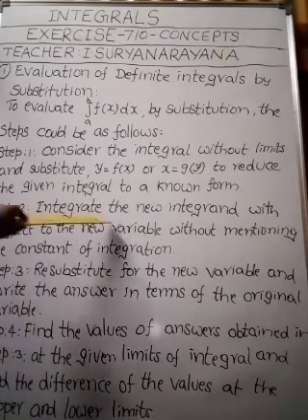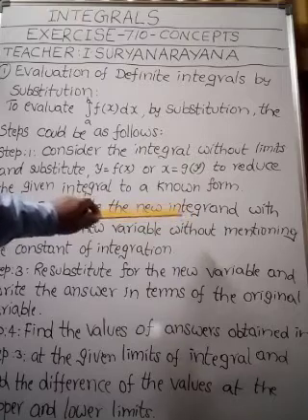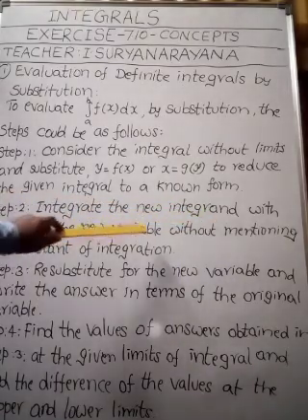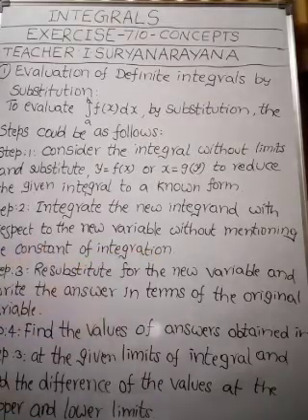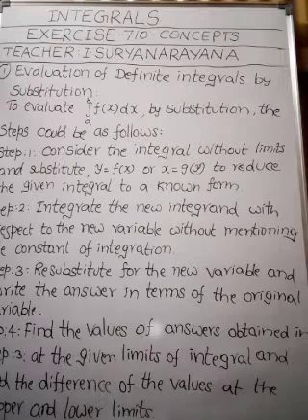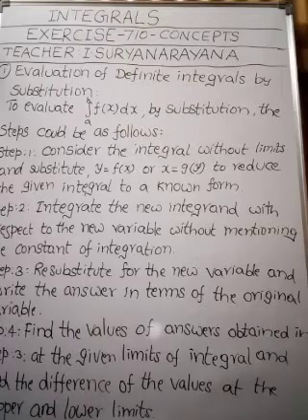Step 2, integrate the new integrand with respect to the new variable without mentioning the constant of integration, because we are finding a definite integral. So we ignore writing the constant of integration after finding the integral of a given function by the substitution method.